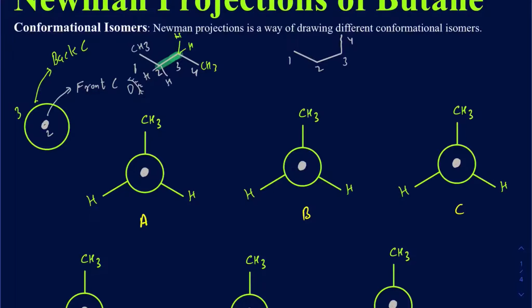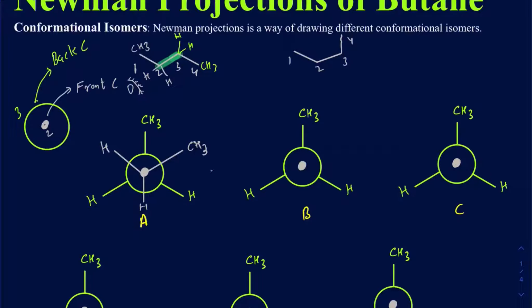So I'm going to go ahead and put it randomly, I can put it anywhere, it doesn't really matter. I can go ahead and put in CH3 there. It's going to be coming off the center, so keep that in mind. So that's your CH3, and then you're going to have a hydrogen coming off here, and another hydrogen coming off here. So that's going to be your one conformation.